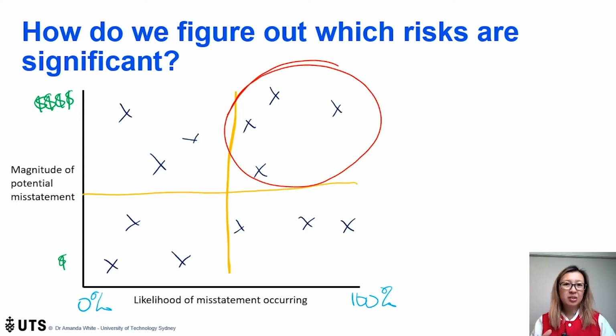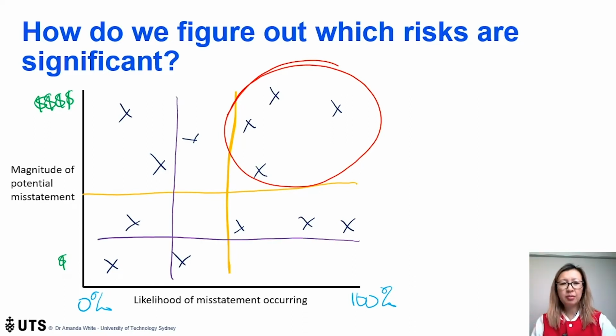Now in the current COVID environment, these lines might shift. So we might decide, and I'm going to draw these in a different color, let's go with purple, that in a COVID environment where there's a greater risk of companies collapsing, where we need to be extra specially careful, we might move our quadrant lines to be down here.